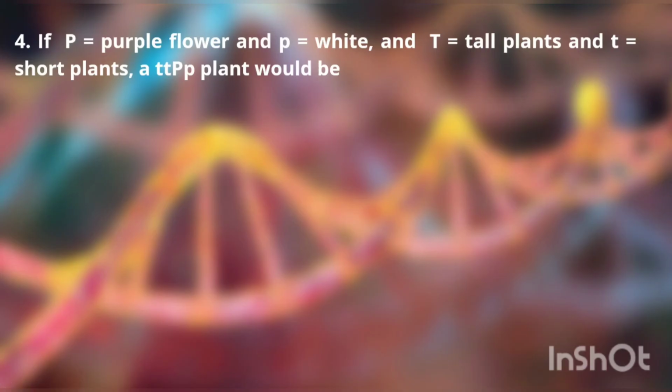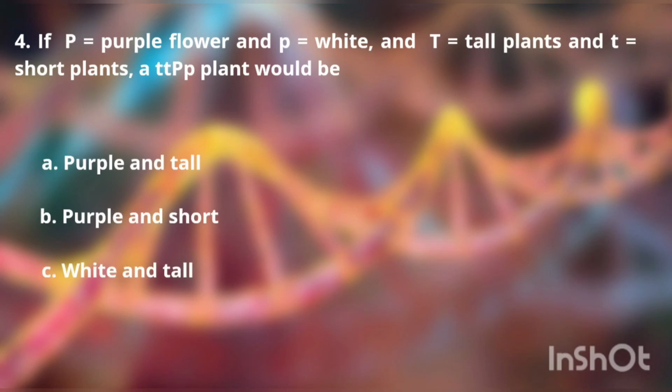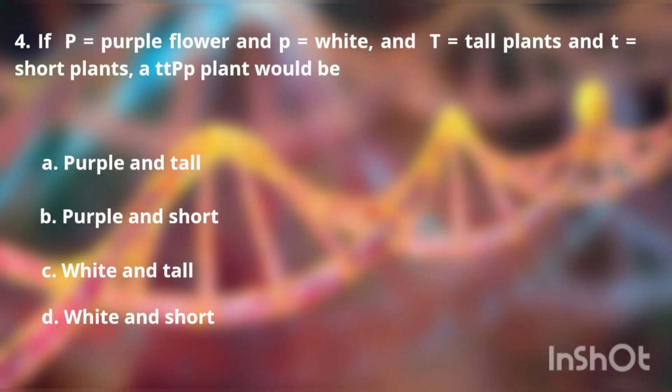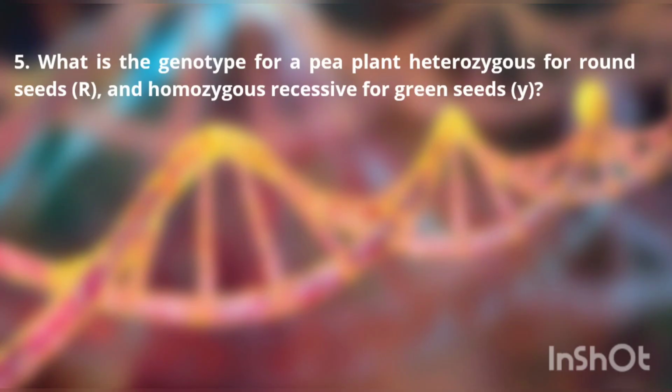If capital letter P is for purple flower and small letter p is for white, and capital letter T is for tall plants and small letter t for short plants, a tt Pp plant would be A. Purple and tall, B. Purple and short, C. White and tall, D. White and short. And number 5. What is the genotype for a pea plant heterozygous for round seeds and homozygous recessive for green seeds? A, B, C, and D.